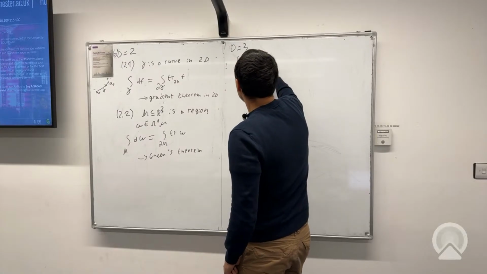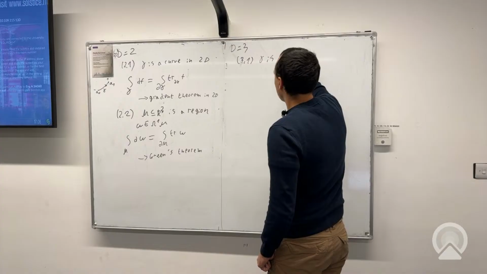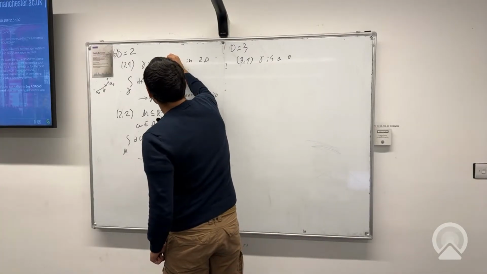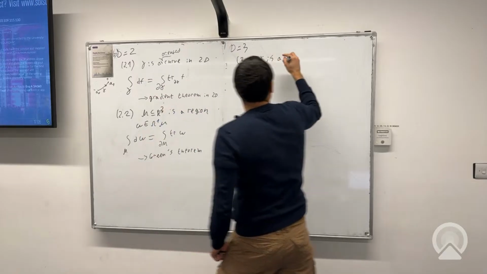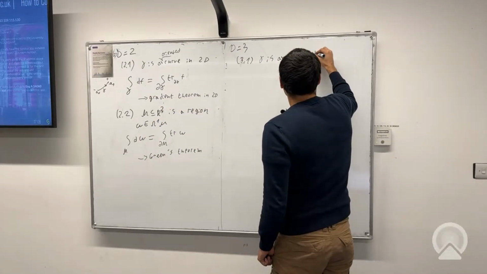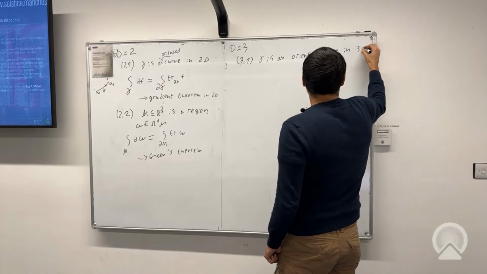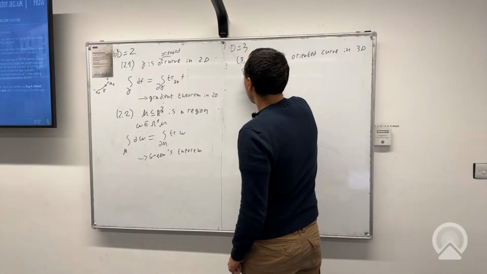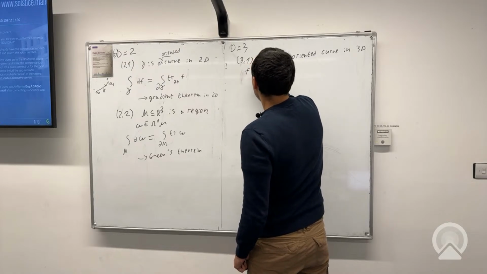3.1. Gamma is an oriented curve in 3D, and f is a function on gamma.